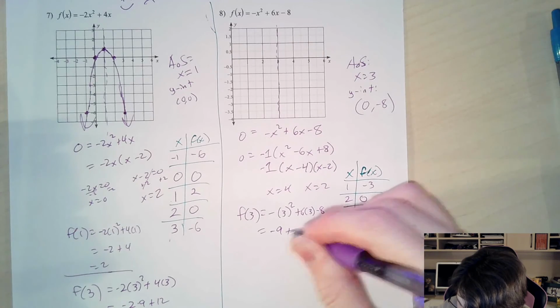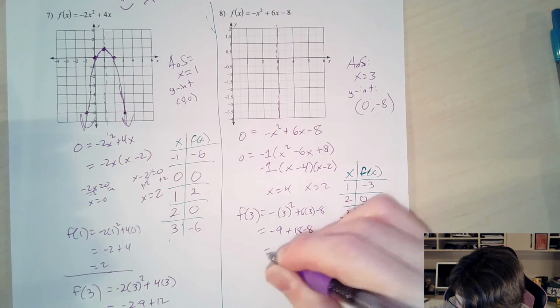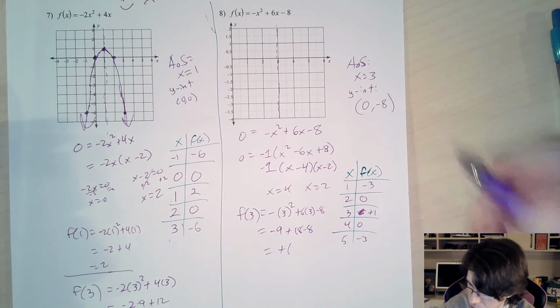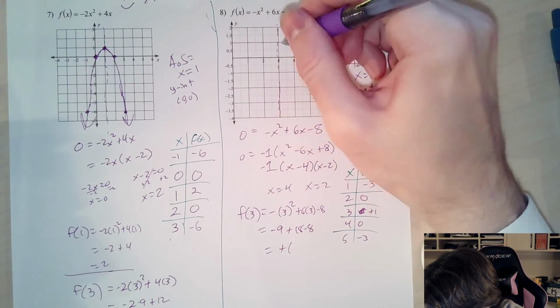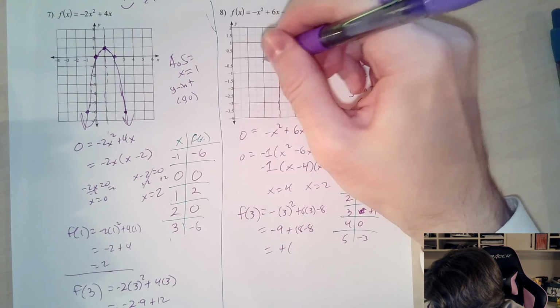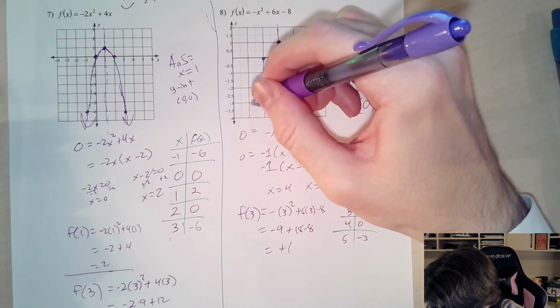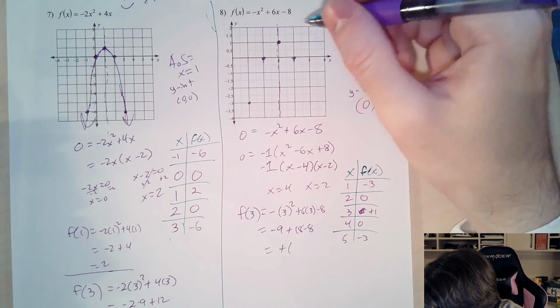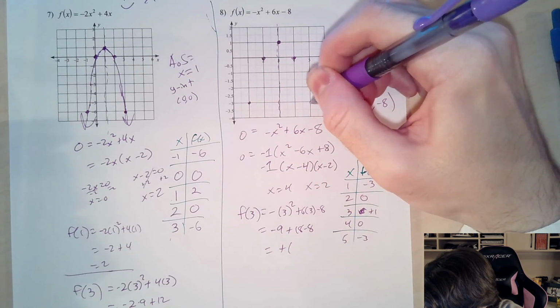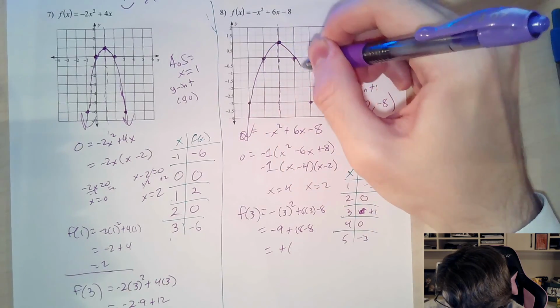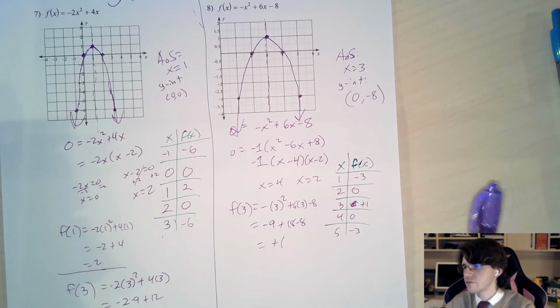That's negative 9. That's 18 minus 8. That's going to be plus 1. So anyways, you get 3, 1, 2, 0, 4, 0, 1, negative 3, and 5, negative 3. There we go. Beautiful graph.